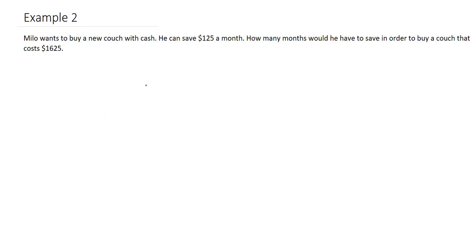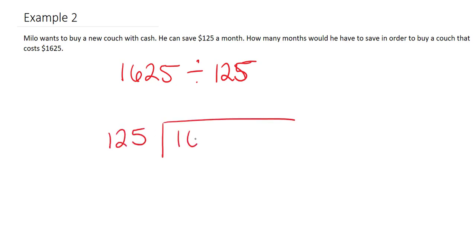So if we have 1,625, then we're going to go ahead and divide it by 125 to see how many months. So we're going to rewrite this like this. Now what we're asking is 125 can go into this how many times?